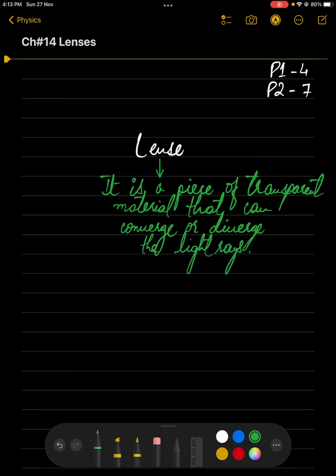Now, whenever you are dealing with any sort of material which is kind of transparent and can also converge or diverge the light rays, that is going to be considered as a lens.